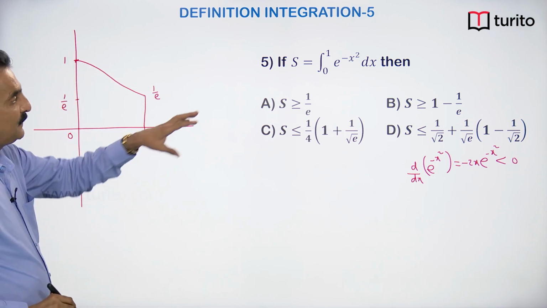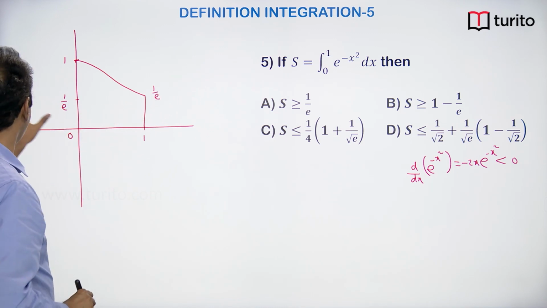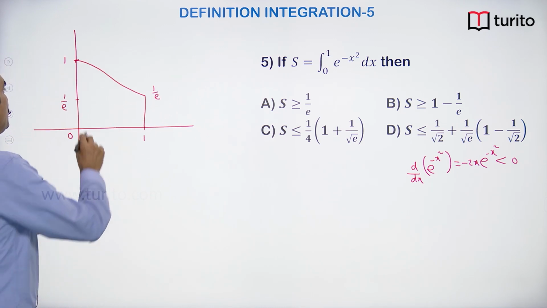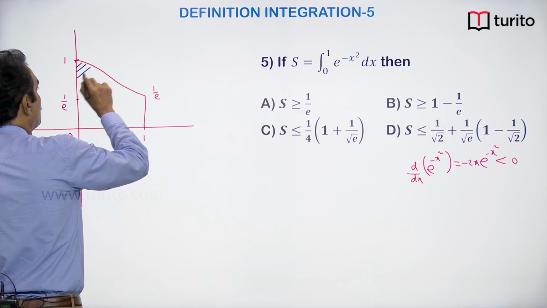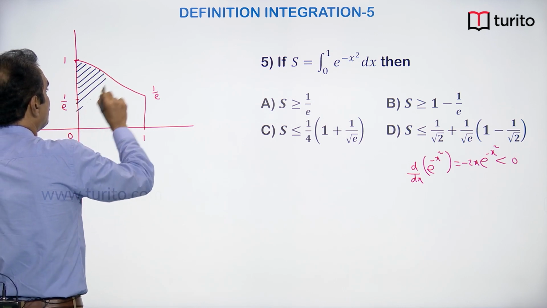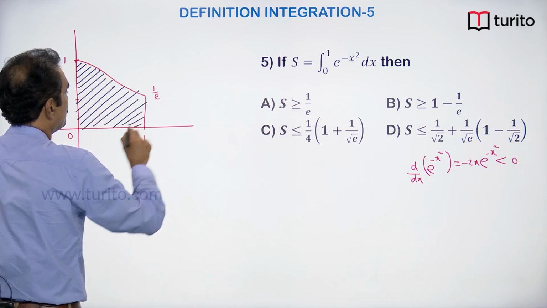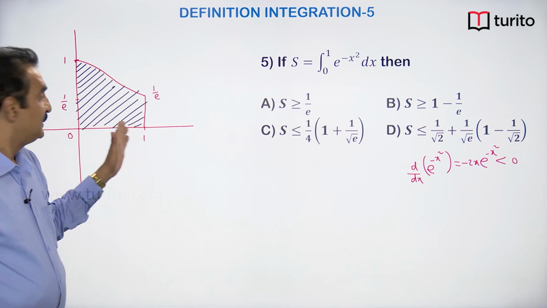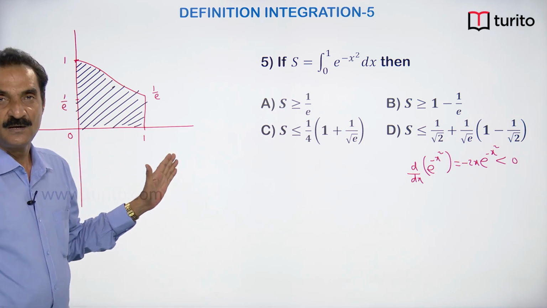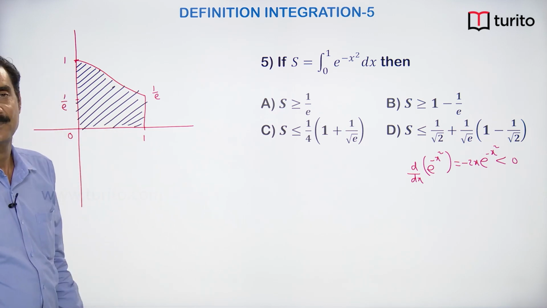Now the value of S will be equal to the area under this curve between x is equal to 0 and x is equal to 1 formed with x axis.